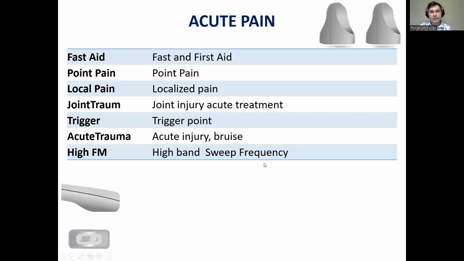Okay, these are the presets for acute pain: fast aid, point pain, local pain, joint trauma, trigger, acute trauma, high frequency modulation. And remember, all the presets related to pain and pain relief need to be used with metal electrodes, so either the built-in or the PONs.